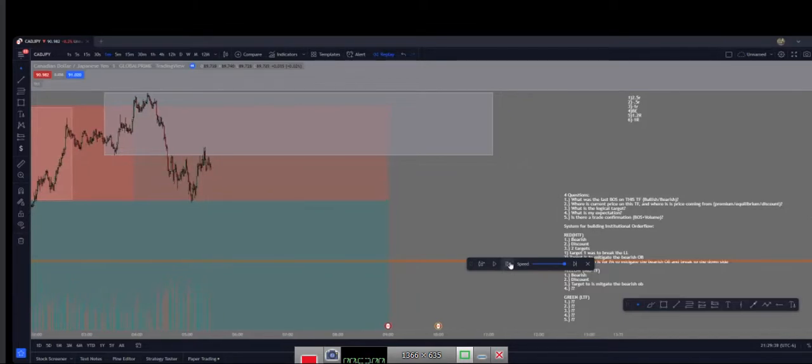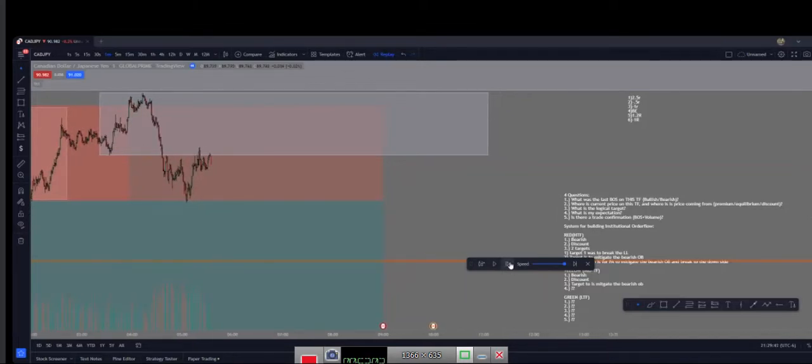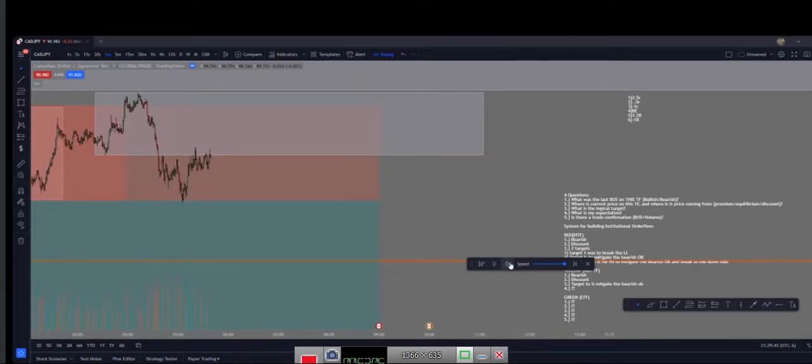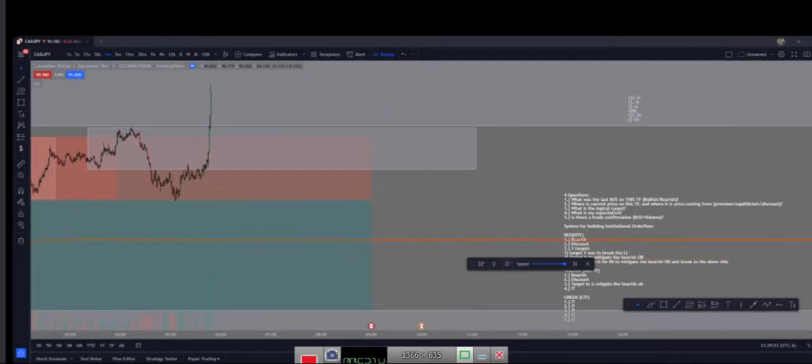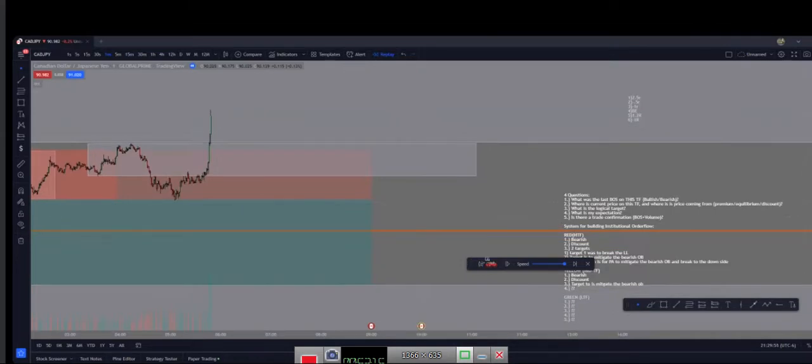Volume is decreasing, but it's not going higher at the same time. Okay. Dang. Okay, gotta be confirmation. News.